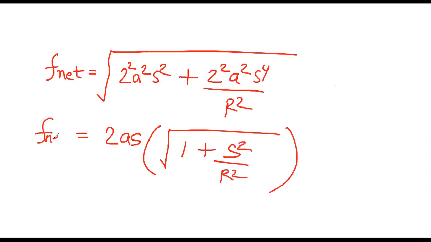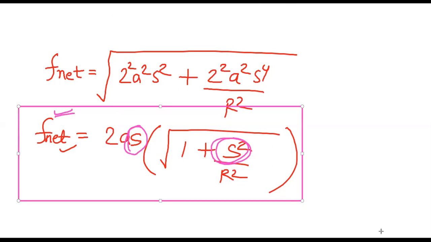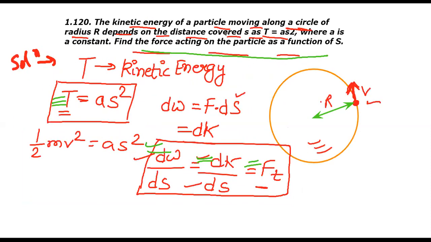So students, this is the net force, which is a function of s, and this is what was asked in the question: find the force acting on the particle as a function of s.